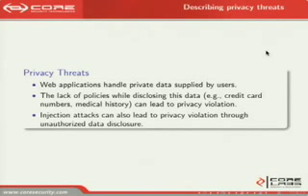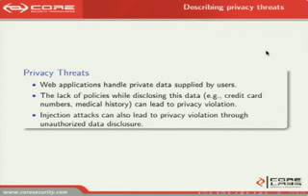So the privacy threats we are facing are, well, applications handle private data from users. And if we don't have policies to protect this data, this can lead to a privacy violation if this data is disclosed.